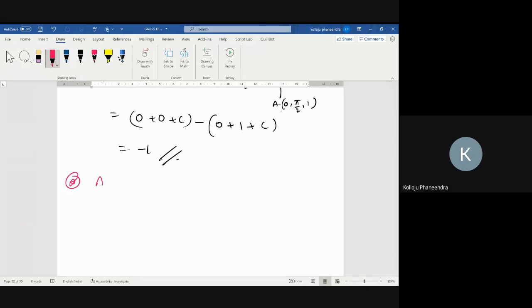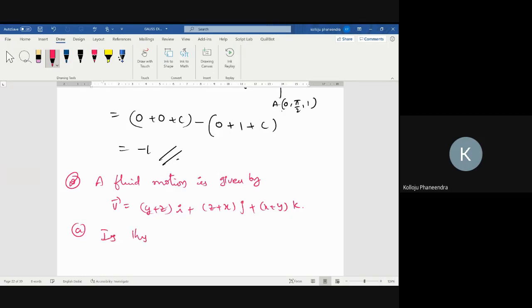A fluid motion is given by v bar equal to y plus z i, z plus x j, x plus y k. Question 1: Is this motion irrotational?